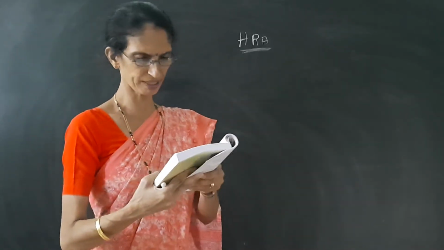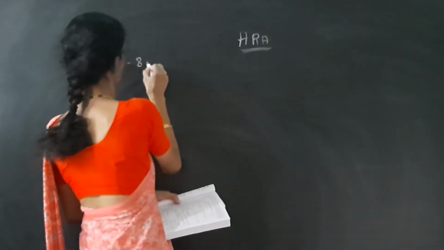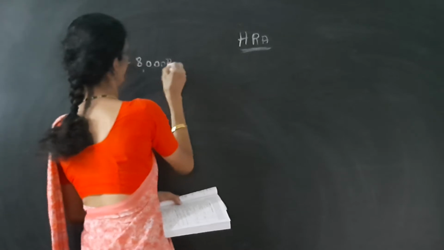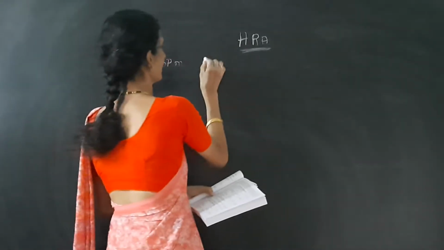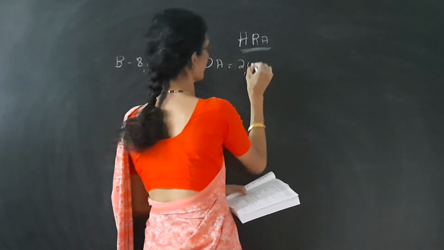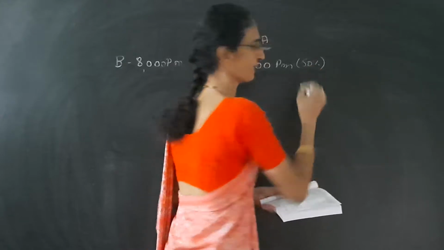Sachin gives the following details. Basic is rupees 8,000 per month. DA is rupees 2,000 per month. 50% enters into retirement benefit.